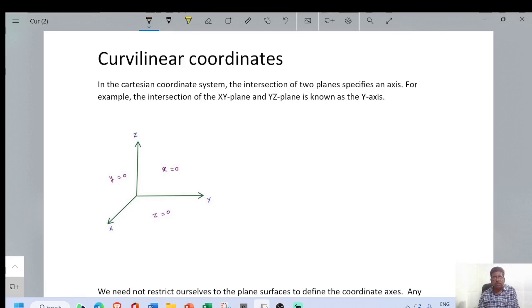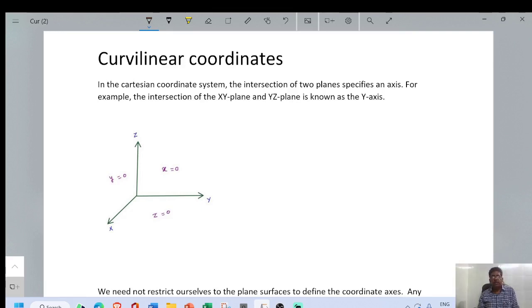If you want to specify y-axis, it is the intersection of xy and yz planes. If these two planes are intersecting, we can specify this axis. If you want to specify z-axis, you should know the intersection of yz and zx planes.